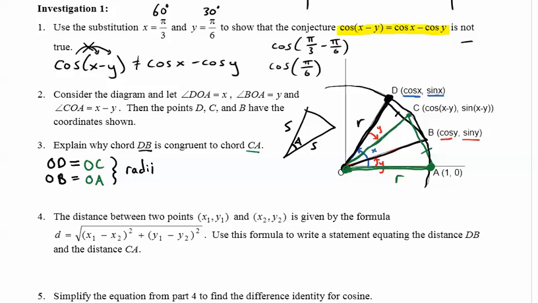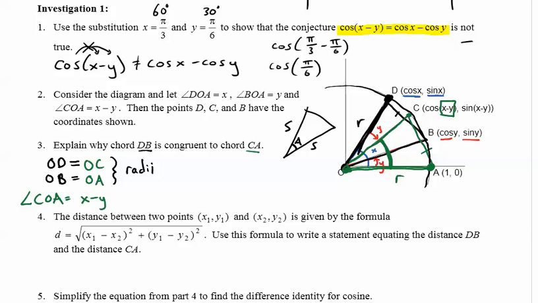So let's see, on the green triangle, this angle here is x minus y. Because I form that angle by taking the blue angle x and taking away a little bit of red y. So angle COA is x minus y. Now take a look at the black triangle.